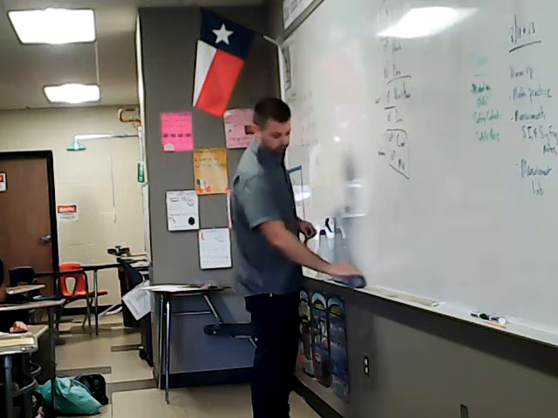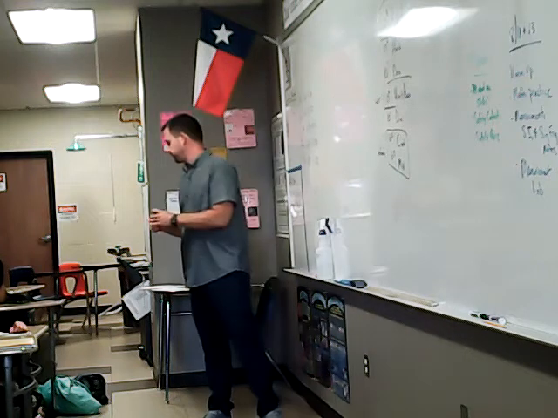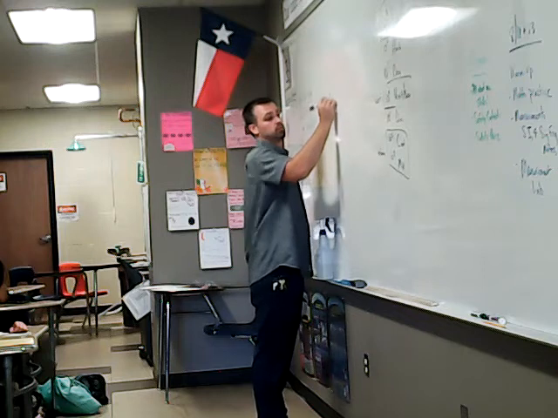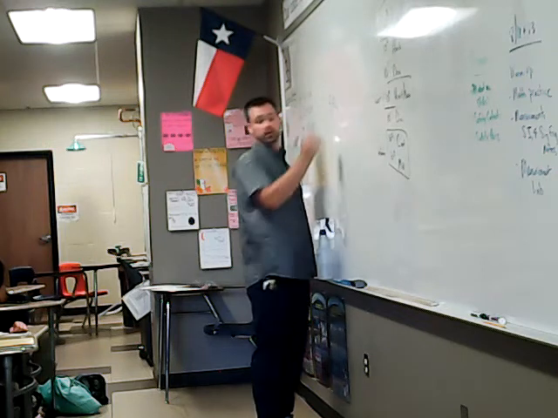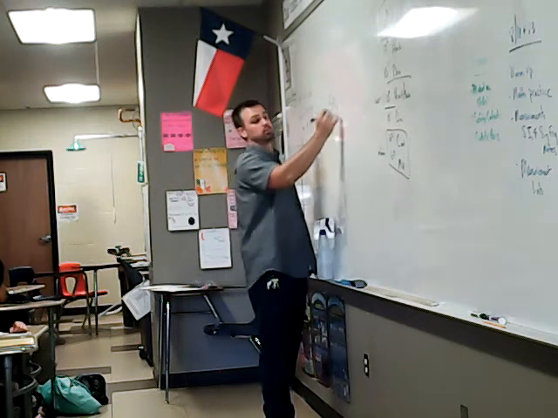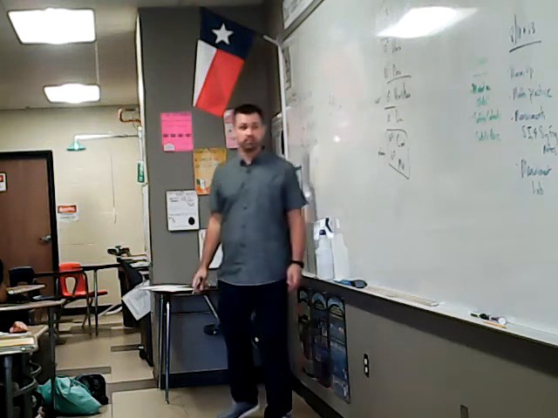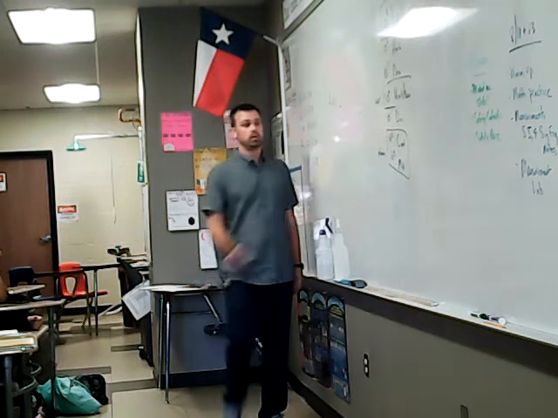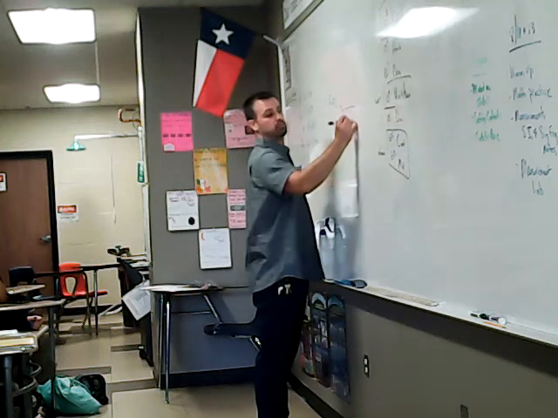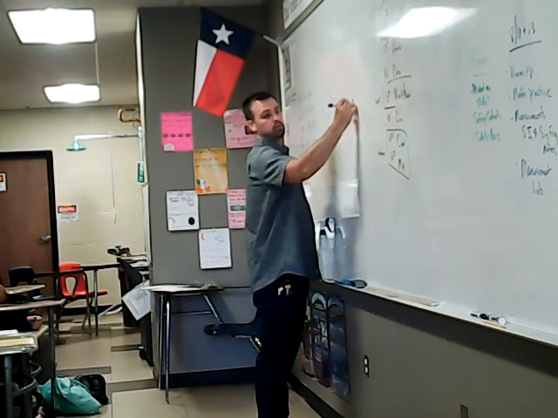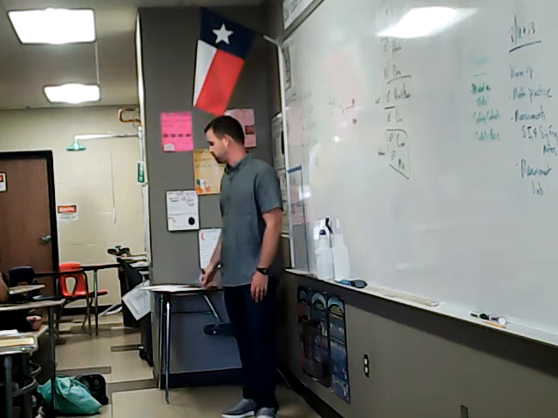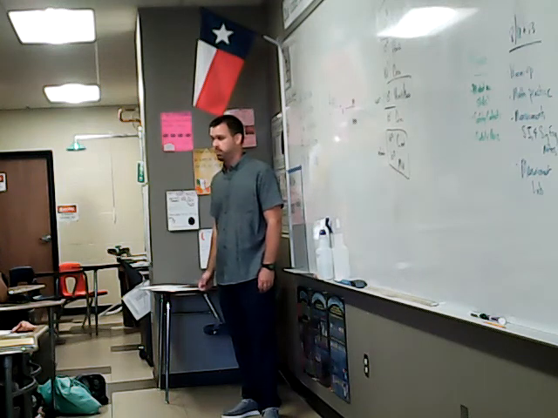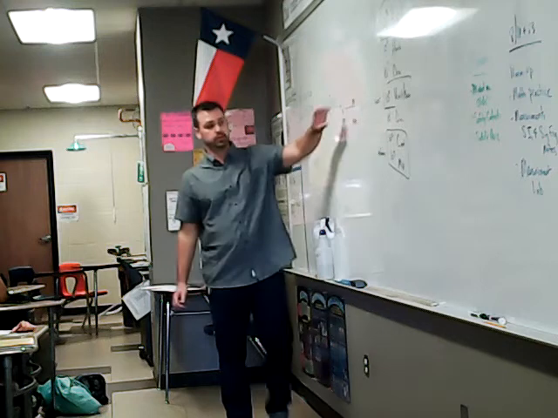All right, number 4. Read it to me. 5.47 millimeters to meters. So we start with 5.47 millimeters. We need to get into meters, right? So that means I have millimeters on the bottom, meters on top. Correct? Which one is my bigger unit?